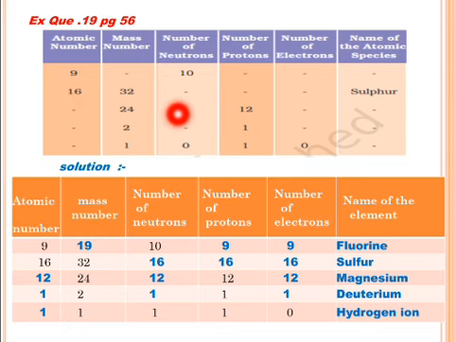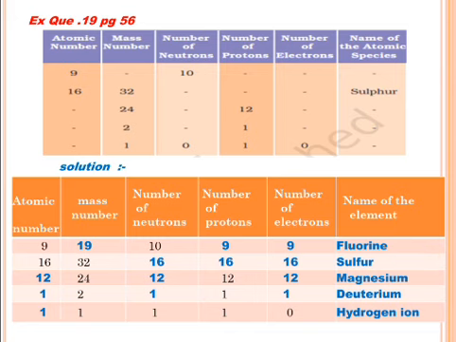Now to calculate the number of neutrons, we subtract the number of protons, that is 12, from mass number 24. So 24 minus 12 gives you the number of neutrons, 12. In this way we can fill this third row also, and as the atomic number is 12, the name of the element is magnesium.